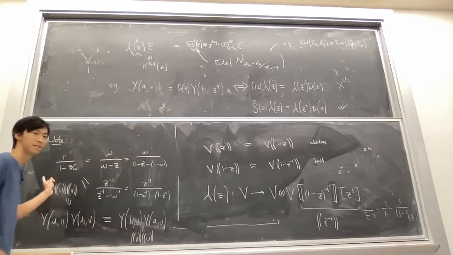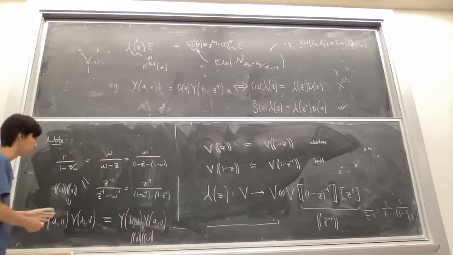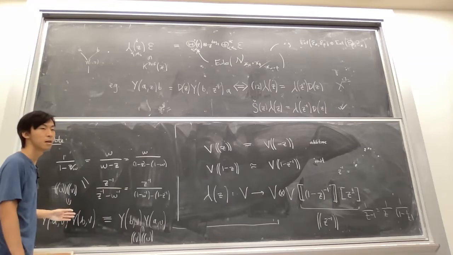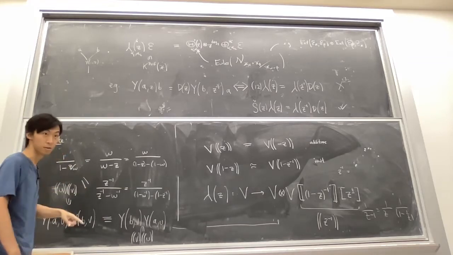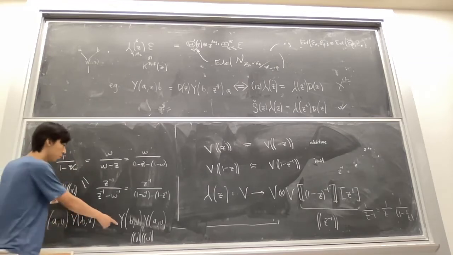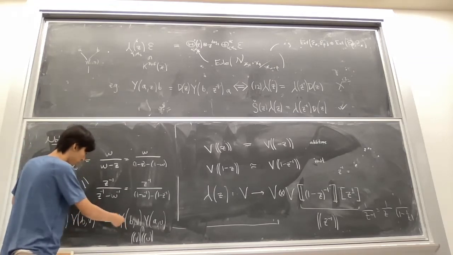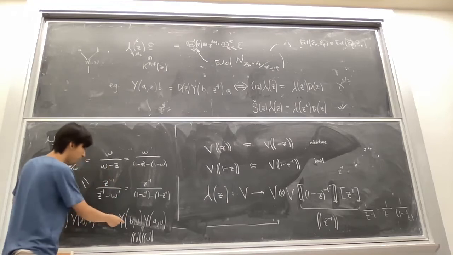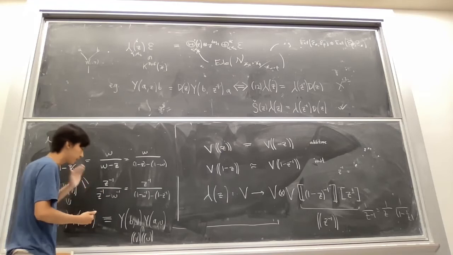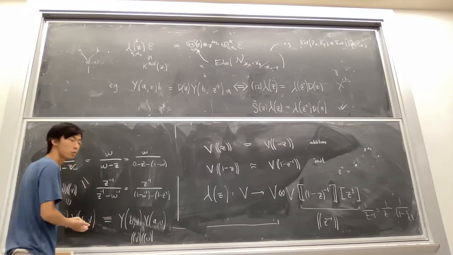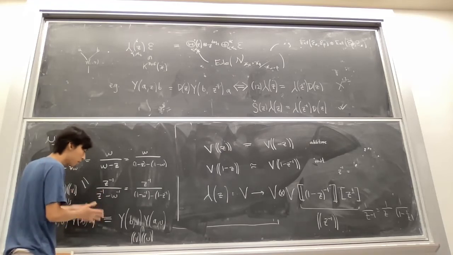How are you going to compare this? It's better to say something stronger, which is that we require that they're actually the series expansion of the same rational function, which has poles along the diagonal in u and v.